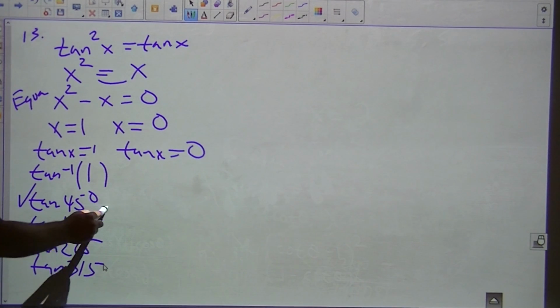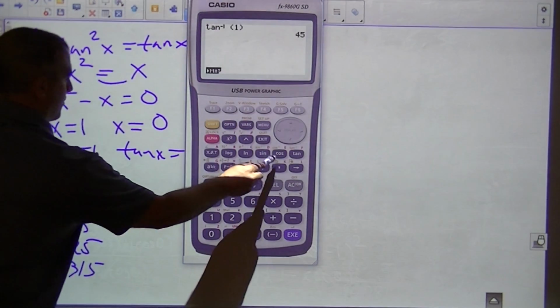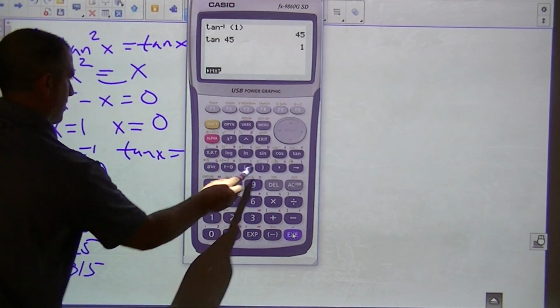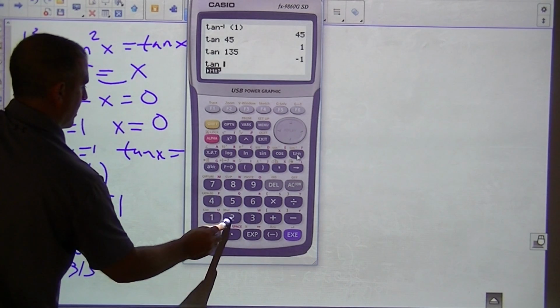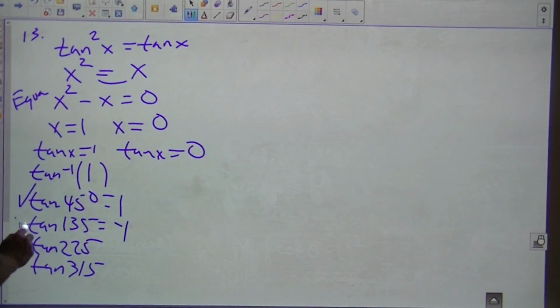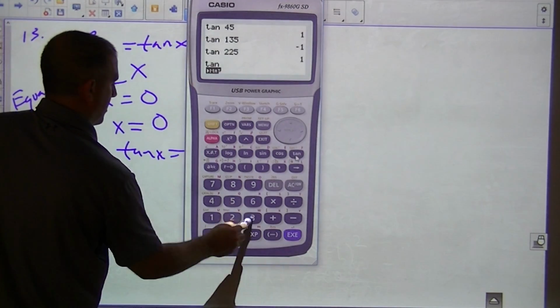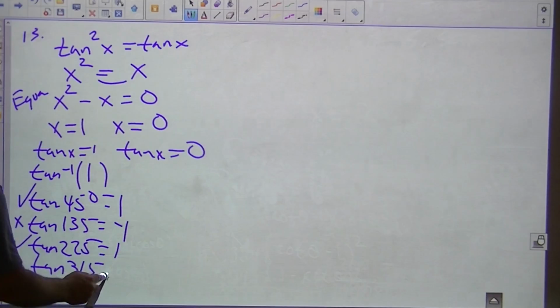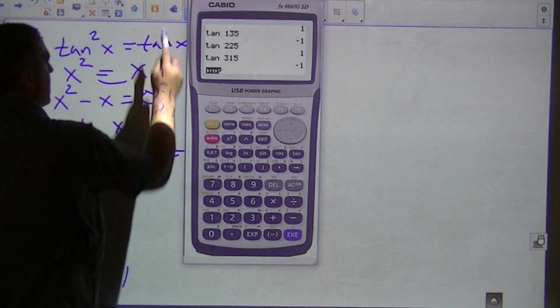Okay, so I got to find the tan. It's going to equal 1. Okay, so tan of 45 is 1, tan of 135 is -1, tan of 225 is 1. So that was -1, no good. This was good because it's 1, it matches. And then tan of 315 is -1. All right, so that didn't work. So 45, 225.